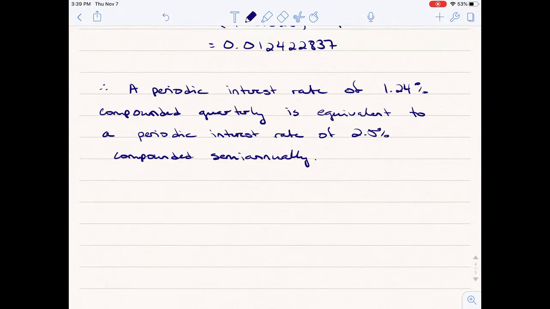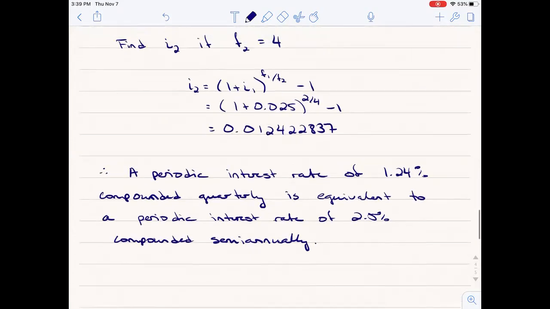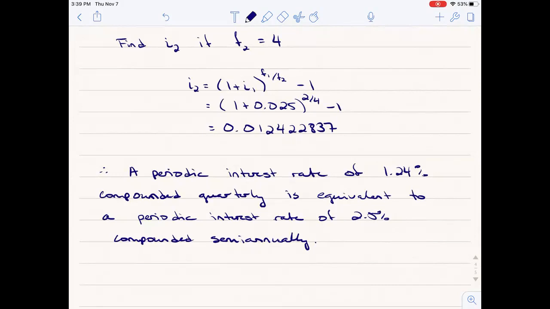You meant to say 5%, not 2.5. But I'm saying the periodic interest rate, because I didn't convert this 1.24% to a nominal rate. I cheated, and I'm just saying the periodic interest rate. The periodic interest rate of the original was 2.5%.